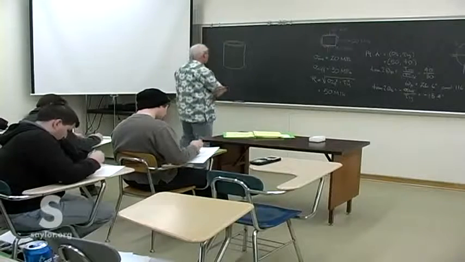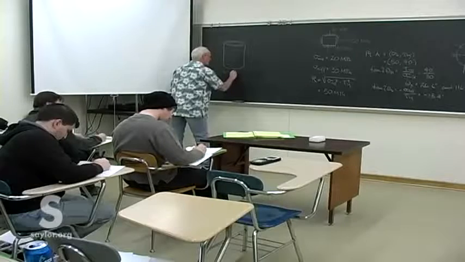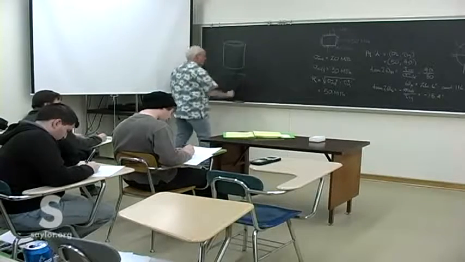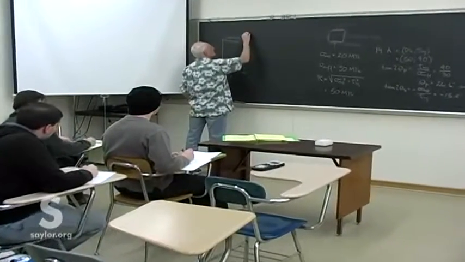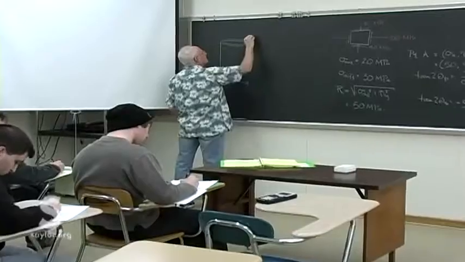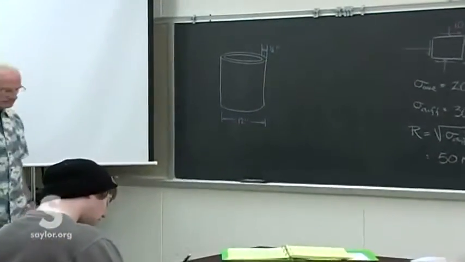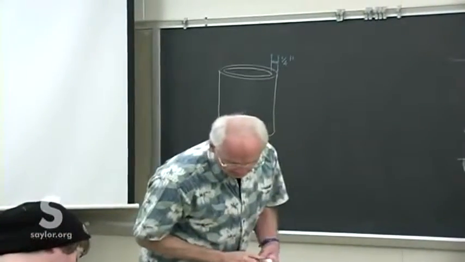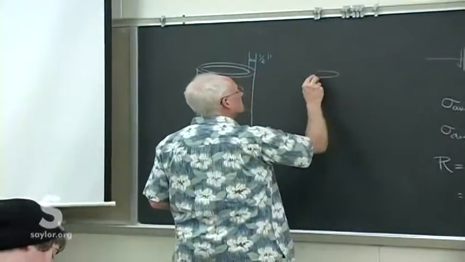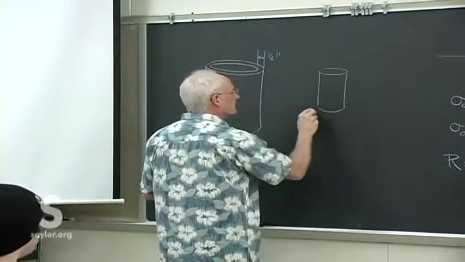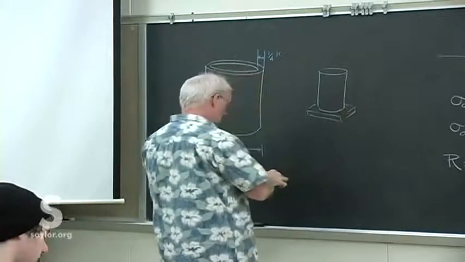So we'll give it a 12-inch outer diameter, 1/4 inch wall thickness, and we're going to load it axially, so we'll have to probably put a little cap over it, give it some good solid base.